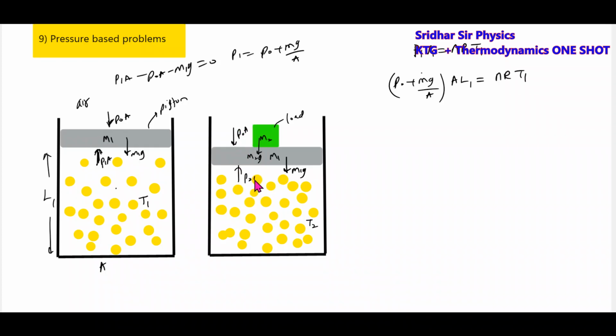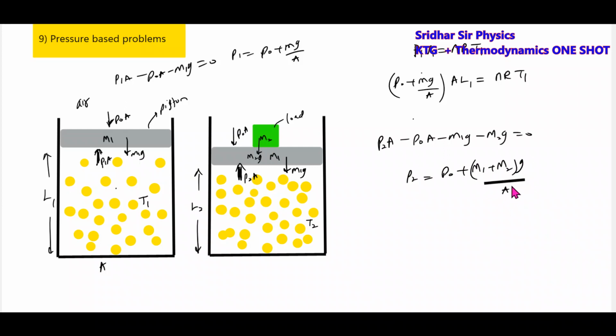Now the pressure of the gas will increase. Its volume is also changing. What is the new equation? P2A balances the weight of the piston and the load. So P2A minus P0A minus m1g minus m2g equals 0, or P2 equals P0 plus (m1 plus m2)g by A.